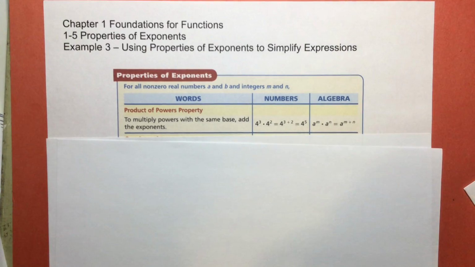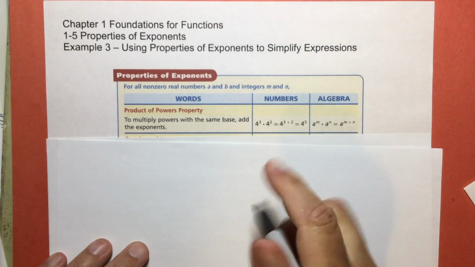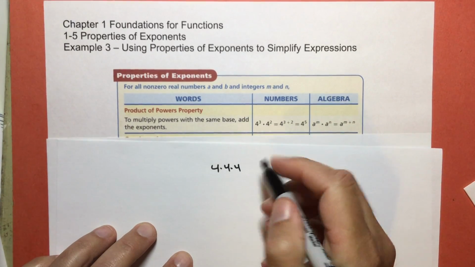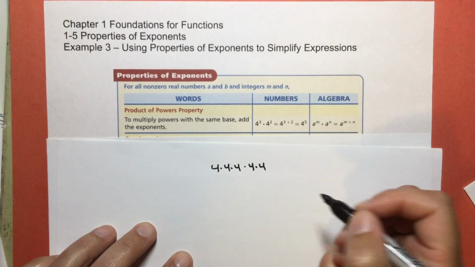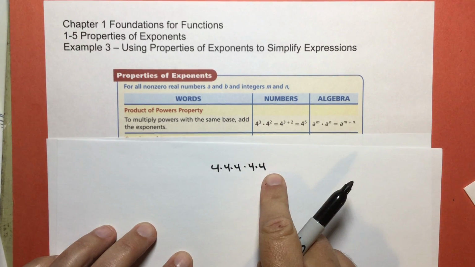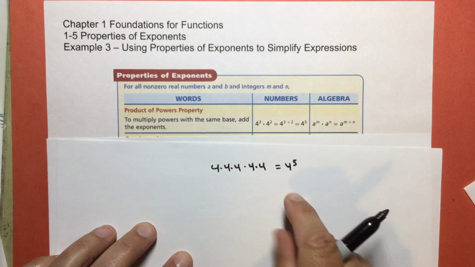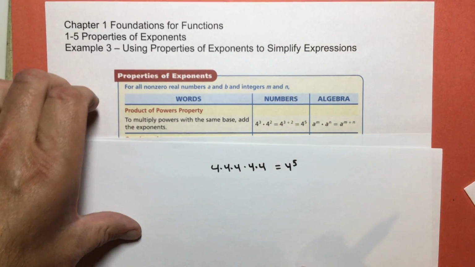Basically what this means is 4 to the third power is 4 times 4 times 4. 4 to the second power is 4 times 4. And if I put them all together, how many 4s do I have? That's 4 to the fifth power. And I get that from 3 plus 2.